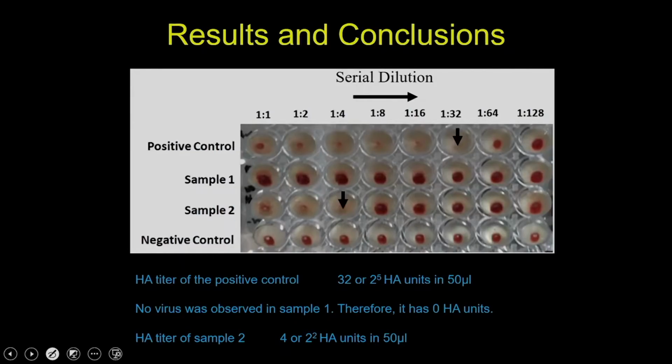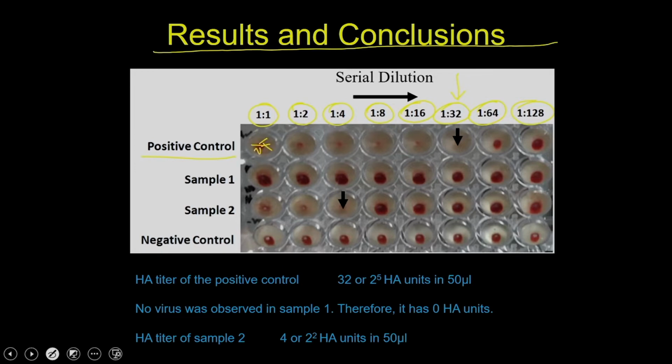Ultimately, the result you are going to see is this. You have put the viruses into different dilutions like 1:1, 1:2, 1:4, 1:8. Every time it is diluting into half, and ultimately you are going to have multiple dilutions, up to 1:128. In the positive control, you see that up to 1:32 you are getting an RBC pellet with a hazy pattern.